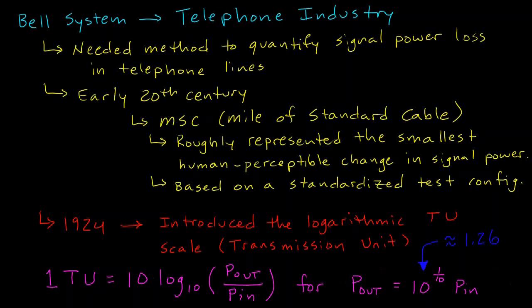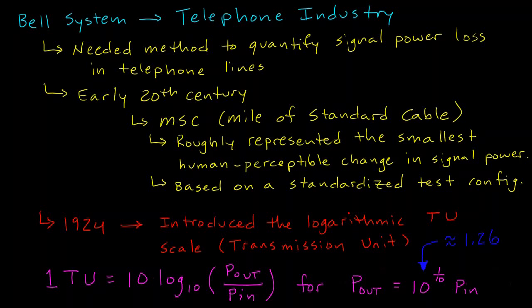It was a good system, but the fatal flaw in it was that it was based on a standardized electronic test configuration. And they realized that as time went on and technology improved, that test configuration might become obsolete. So they decided it would be good to develop a new scale that was based on a mathematical model.